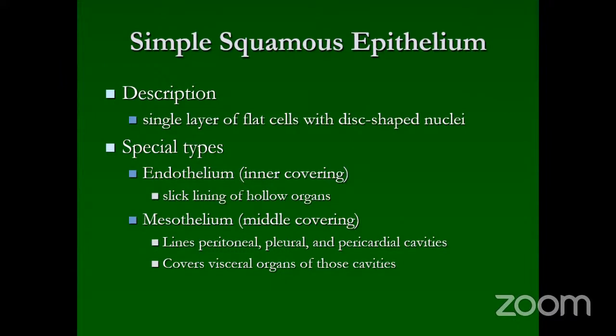In these cavities we can see this mesothelium tissue, and it also covers the visceral organs of those cavities. Visceral organs are the important, vital organs, right? So in the heart, lung, and abdomen, we can see this type of epithelial tissue.